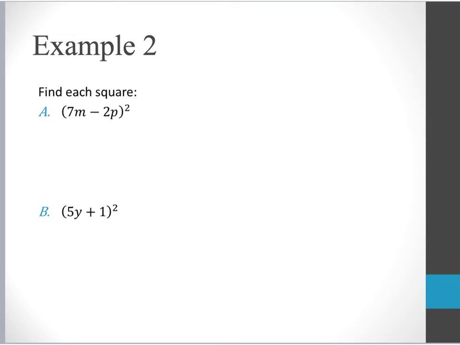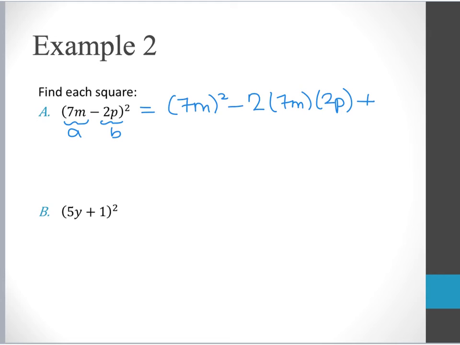Please take a quick second, pause the video, and try these two on your own. For those of you that like to label, this right here is my a term. This right here is my b term. So I have my first term squared, or 7m squared, minus 2 times my first term, which was 7m, times my second term, which in this case is 2p, plus, because my last term is always a plus, and I did have a subtraction here in the middle.